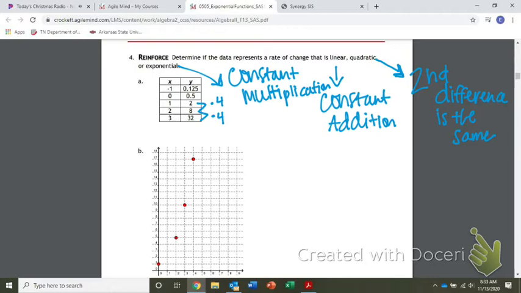What should you get? Is that what your chart says? So, A is what kind of data? Exponential.